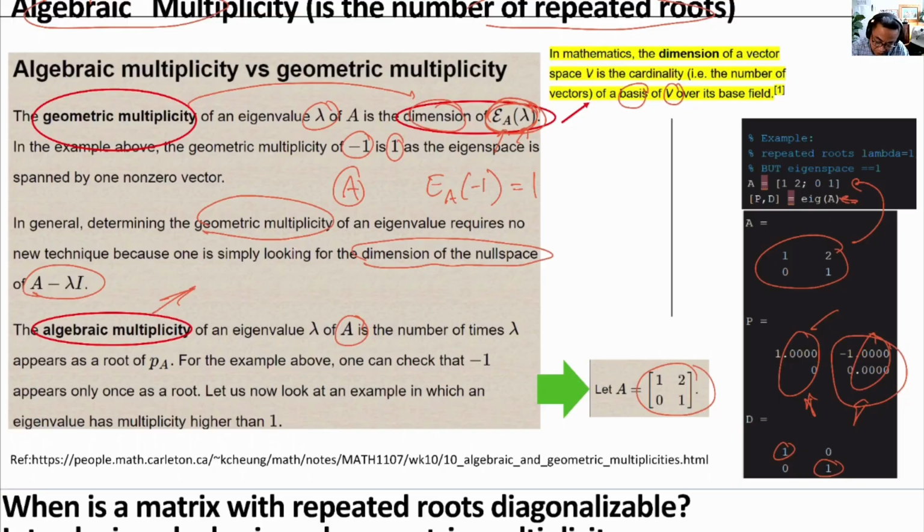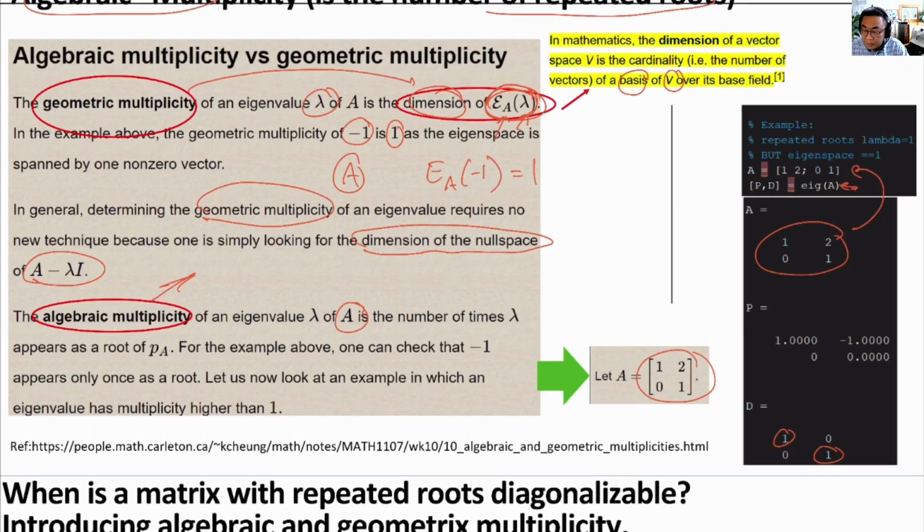The second eigenvector is not independent of the first eigenvector, which is a scaled negative version of it. Therefore, in this particular case, this matrix cannot be diagonalized. You can also try finding P inverse, and you realize that you cannot find it because the determinant is 0. So that again is review.